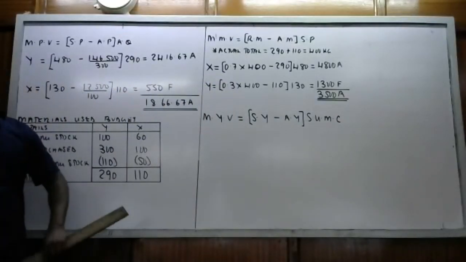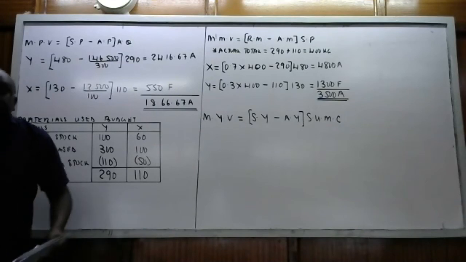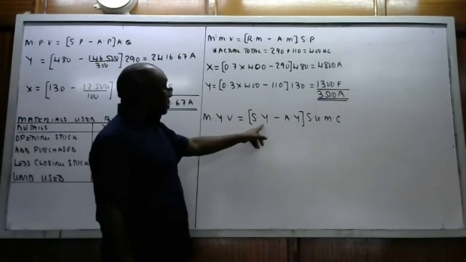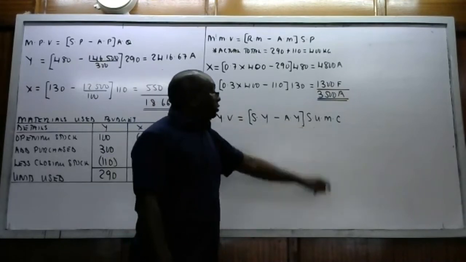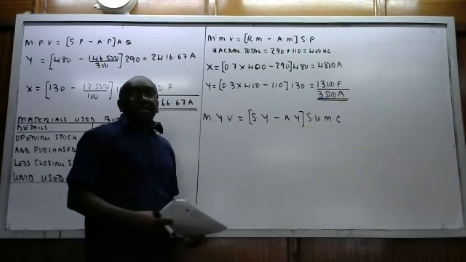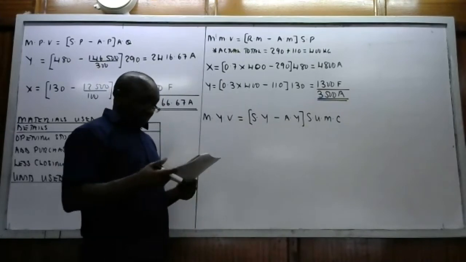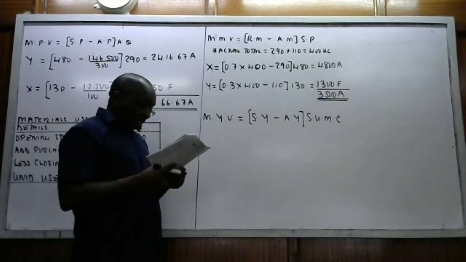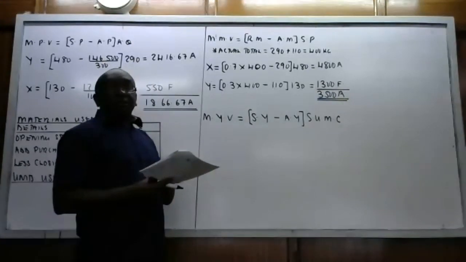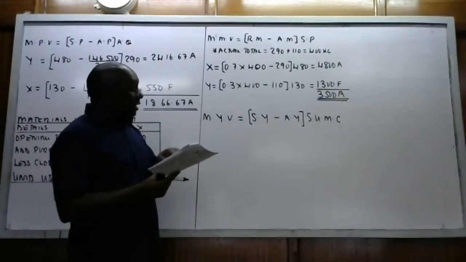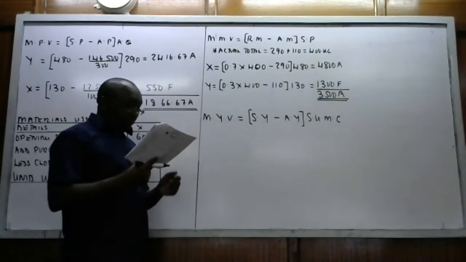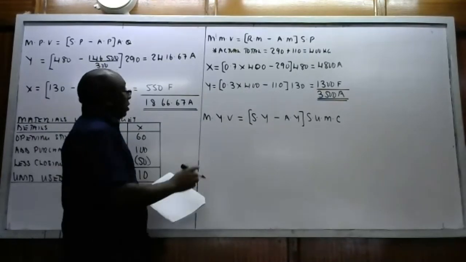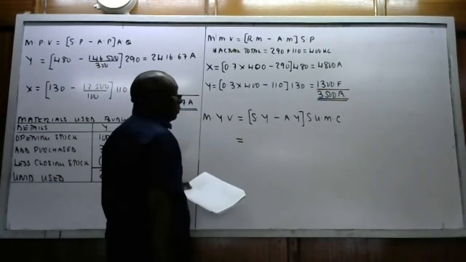The 400 was already given in information 5, so this one becomes very simple.